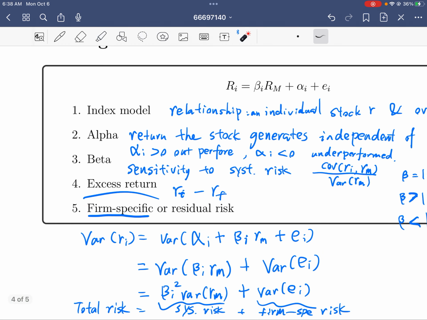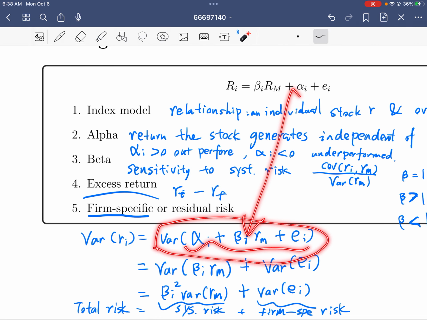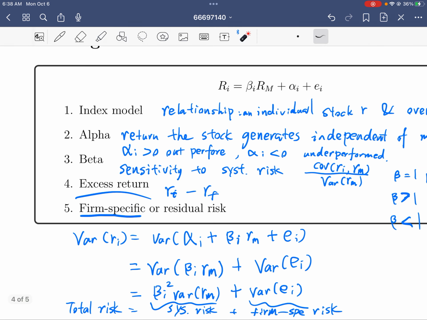For the variance of the individual stock, we can put the whole equation into the variance equation here. The alpha is a constant we get from our regression tables.